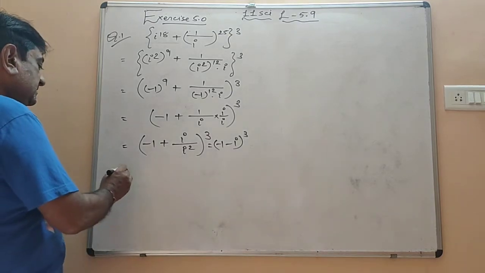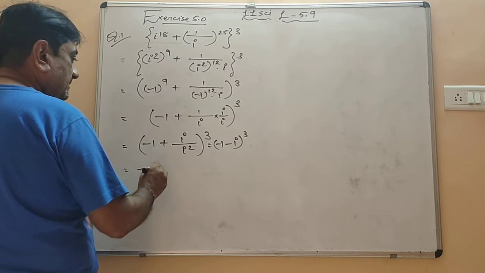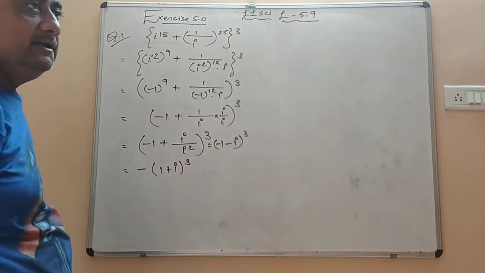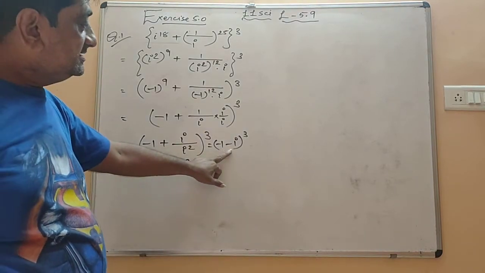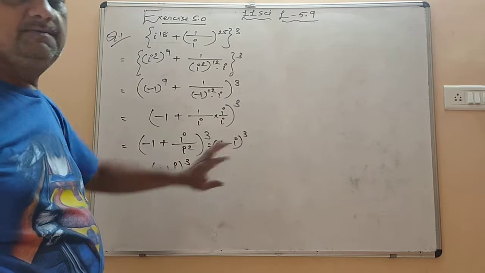So take minus common, then it is 1 plus i the whole cube. अगर ये ब्रैकेट में से अगर हम माइनस का साइन कॉमन निकालेंगे तो माइनस का क्यूब होके बाहर आएगा.